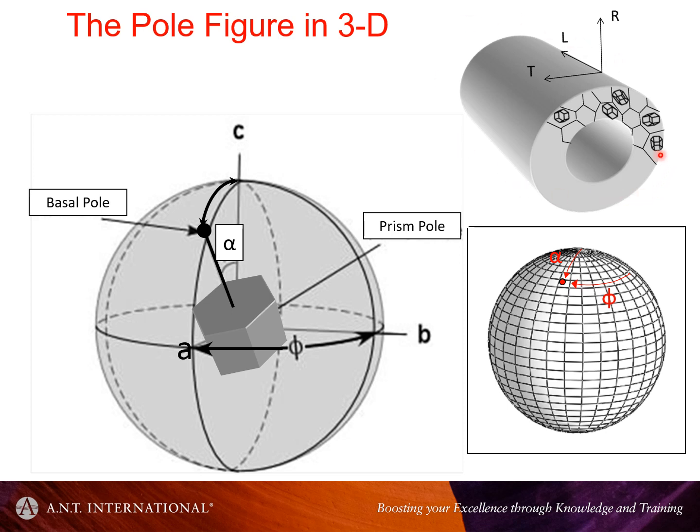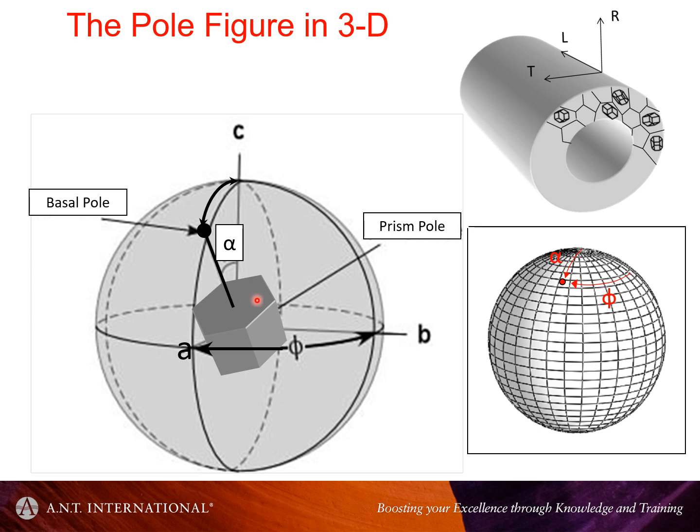So it's important often to know what the distribution of the crystal orientations are in a material, and X-ray diffraction is a common way of measuring the texture. So what you're interested in is the volume fraction of grains which have a particular orientation.